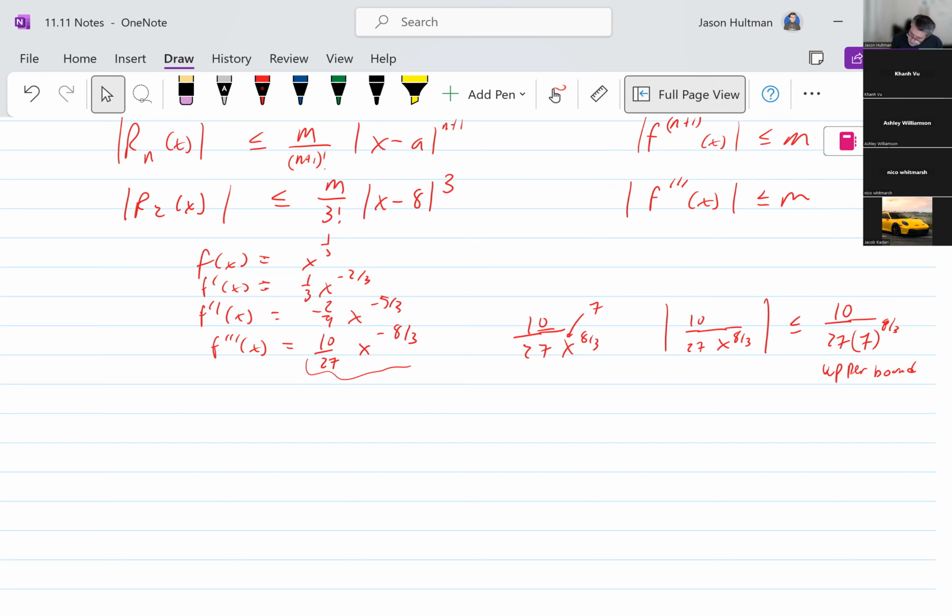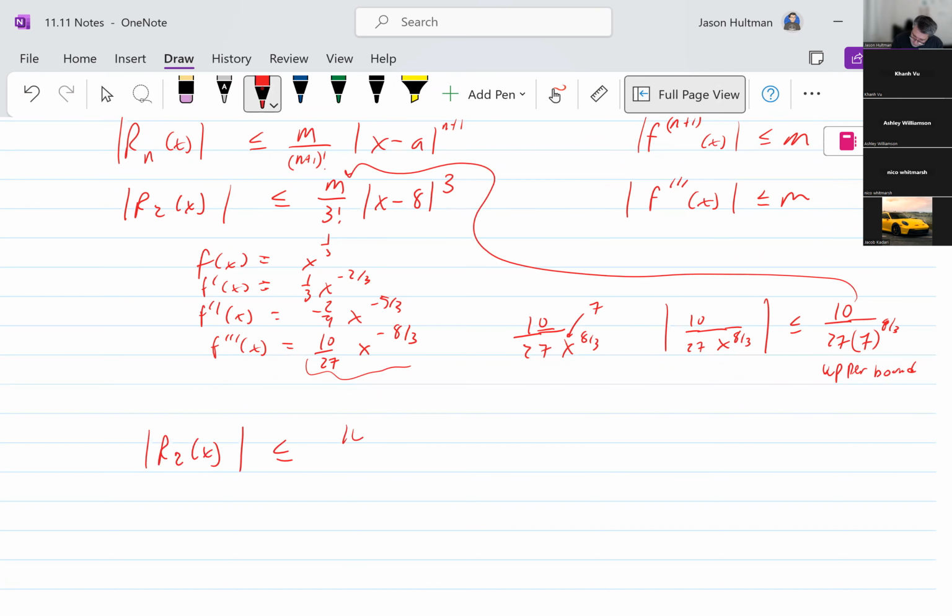So let's plug that into our formula for m. We're going to say that R2 of x is less than or equal to, okay, 10 over 27, 7 to the 8/3 power, divided by radical 3.